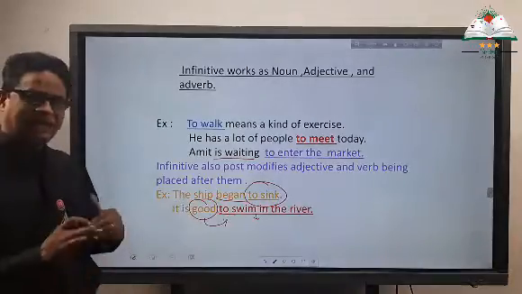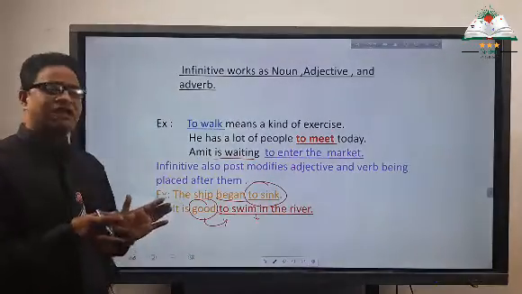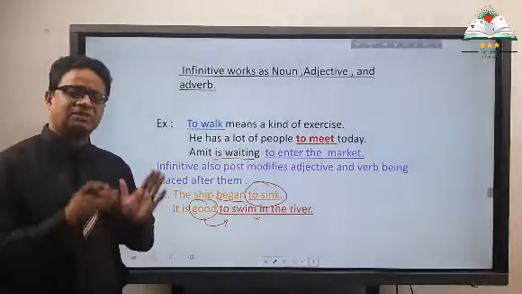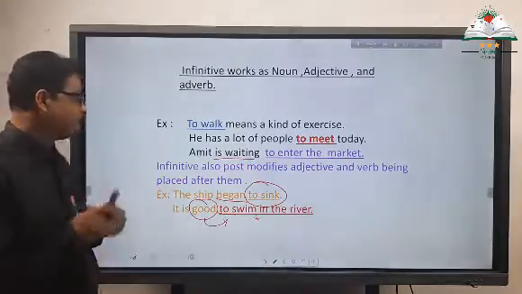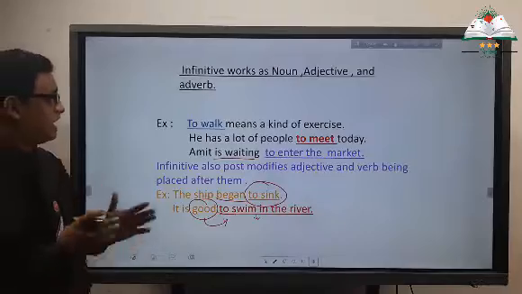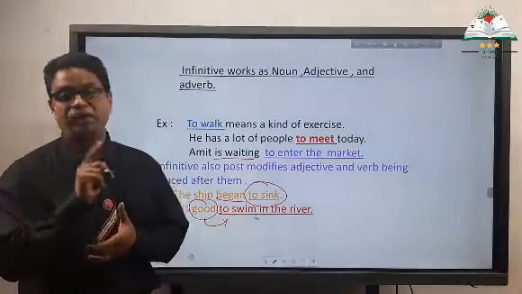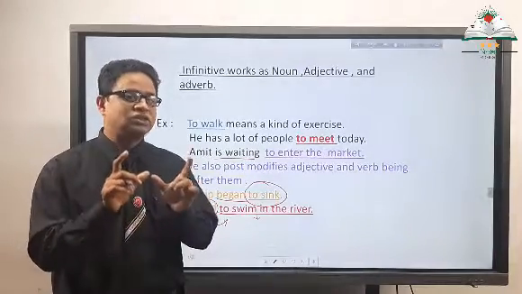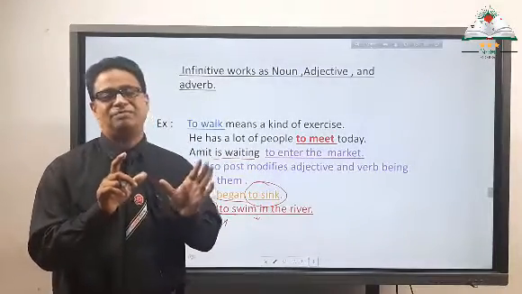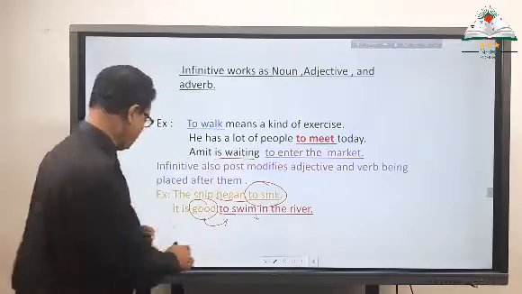So, we are learning many things, that modifiers, especially the post modifiers, are being used not only after noun but also after adjective, after verb, after adverb. This is a point to note, dear boys and girls. Now, we will proceed to know something more about infinitive.